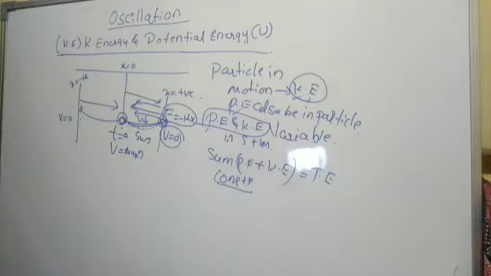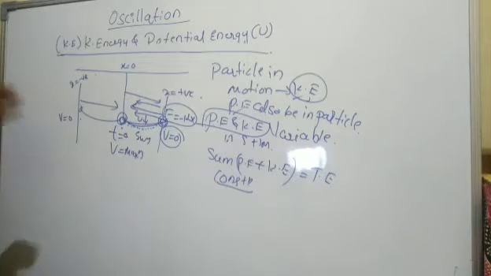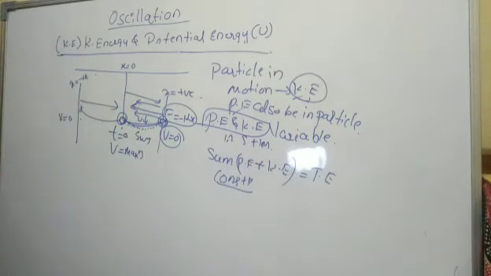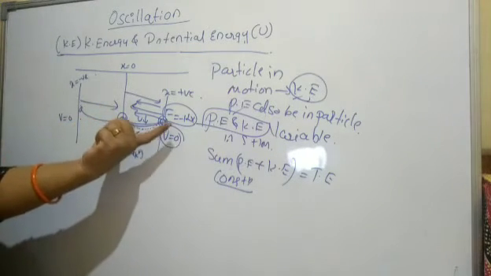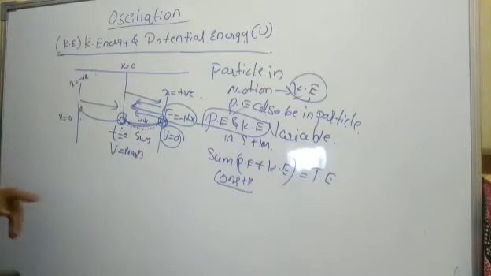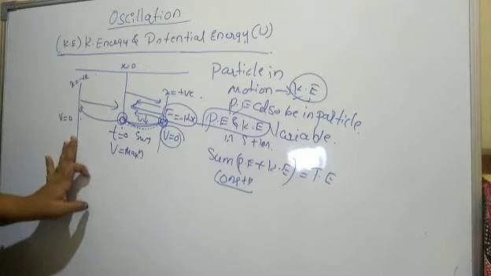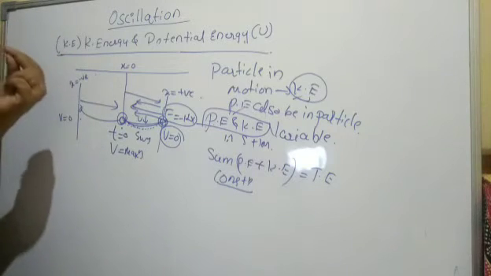When energy is conserved, it totally depends upon the initial and the final point. So potential energy and kinetic energy depend upon the initial and final points. That means each is going to be variable, but the sum of these two will remain constant.